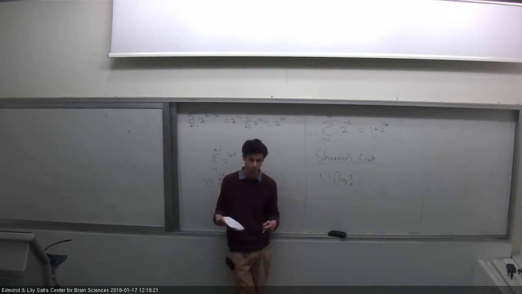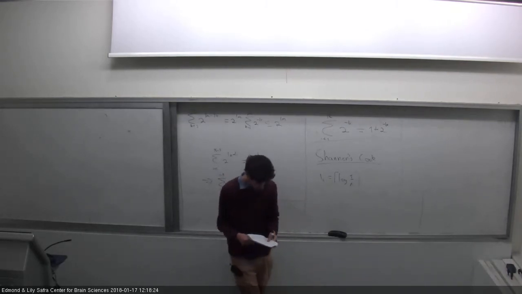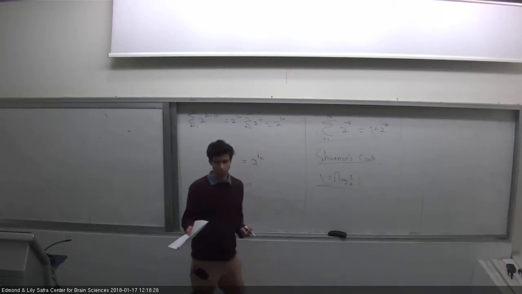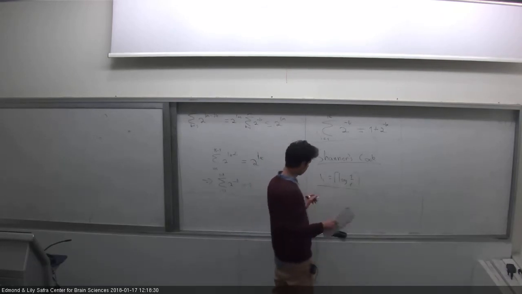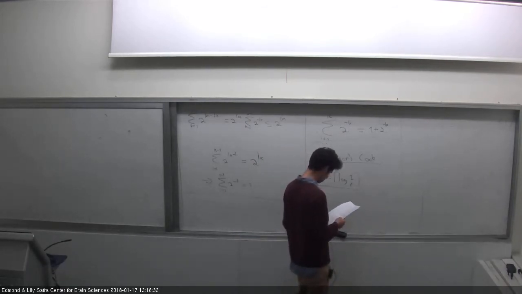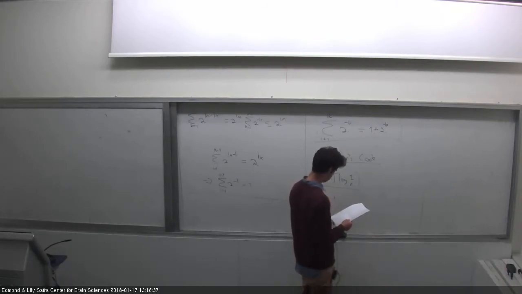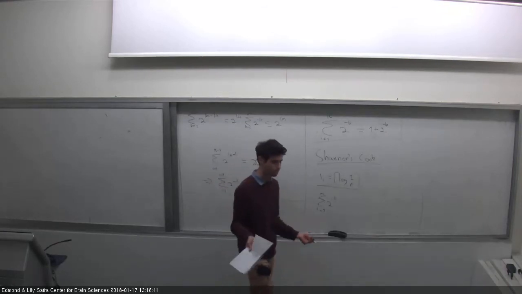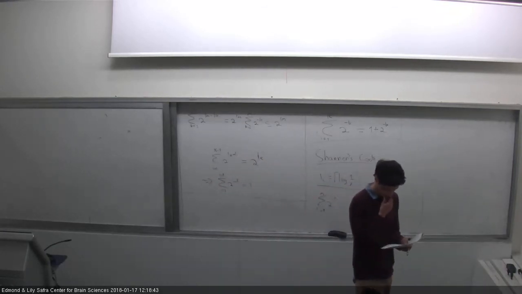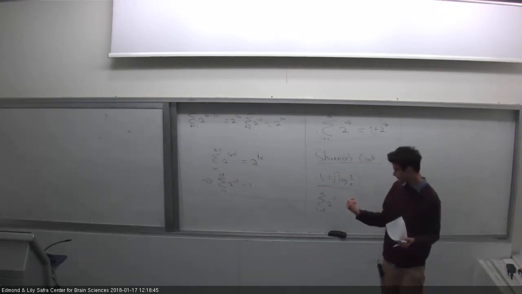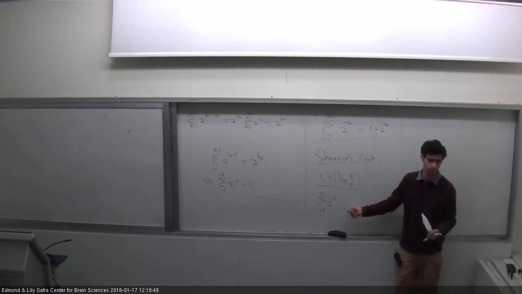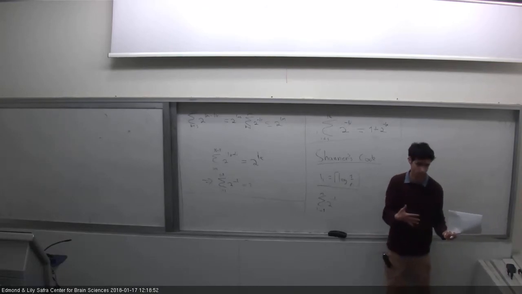If we prove that the summation of 2 to the minus Li is smaller or equal to 1, then we will show that it satisfies the Kraft inequality, and we have a prefix code.